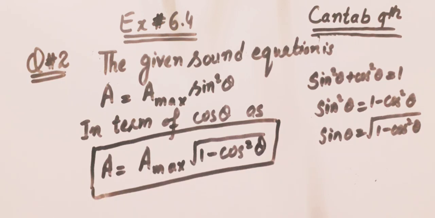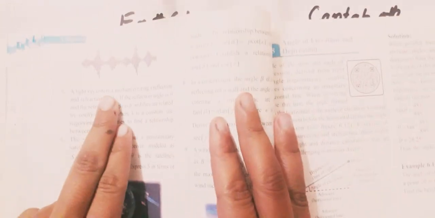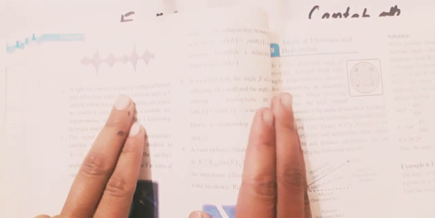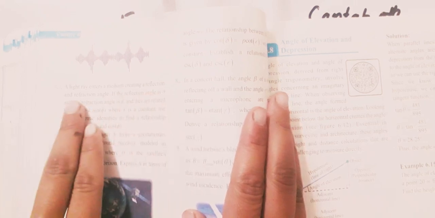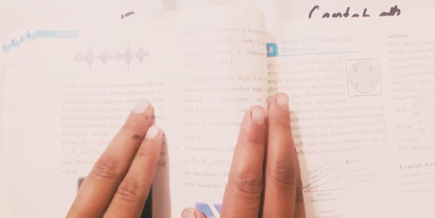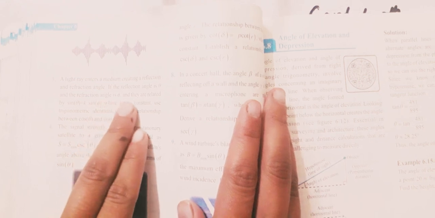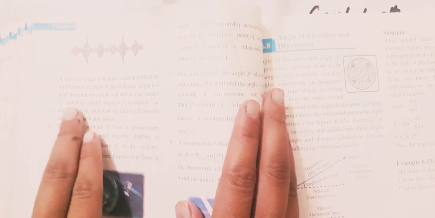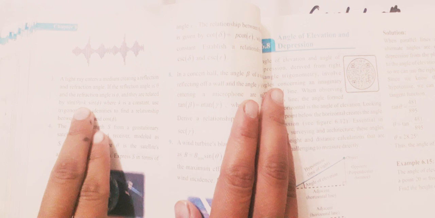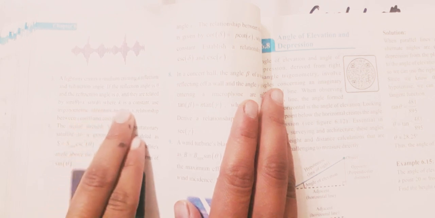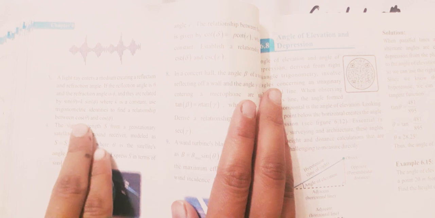Now, we will start question number 3. In question number 3, you have a light ray that enters a medium creating a reflection and refraction angle. If the reflection angle is theta and the refraction angle is phi and they are related by sine theta equal to k sine phi, where k is a constant, use trigonometric identities to find a relationship between cos theta and cos phi.